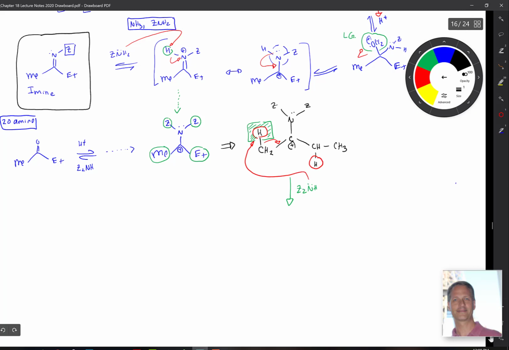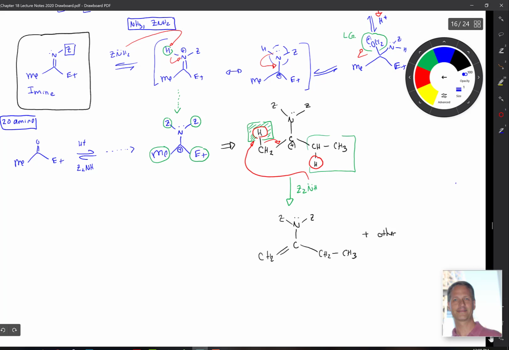So you can see what we would form here is a CH2 double bond carbon, and then you've got your two Z's here, and this would still be your ethyl. So we'll write here plus other products, because you could do your elimination over here.